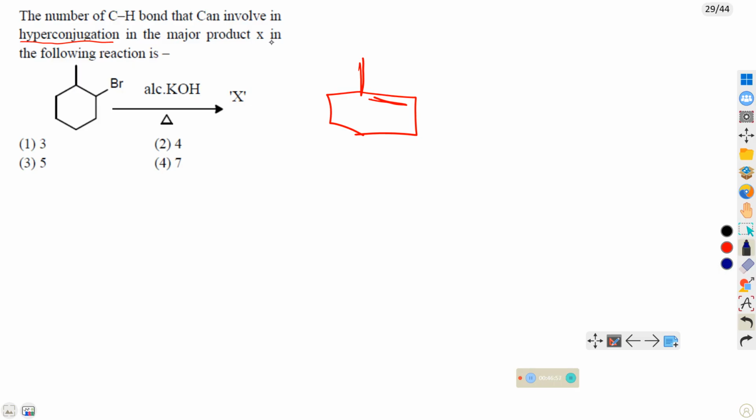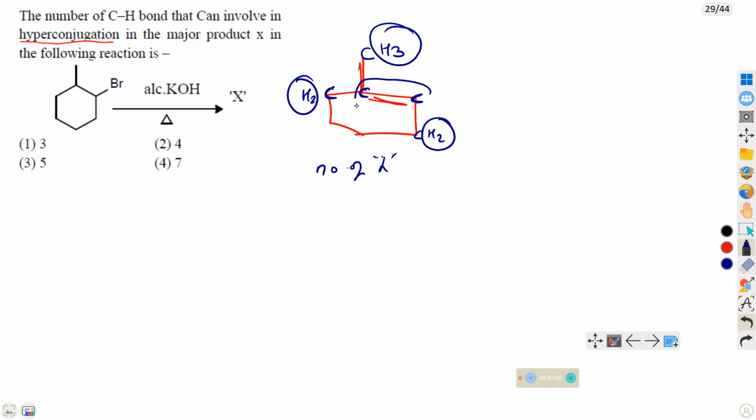Now, this is the C double bond C group. You can consider CH3, here 3 hydrogen atoms. CH2, here 2 hydrogen atoms. CH2, 2 hydrogen atoms. The number of alpha hydrogens with respect to the C double bond C is equal to 7.